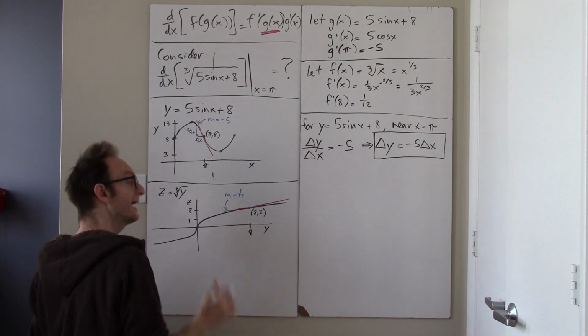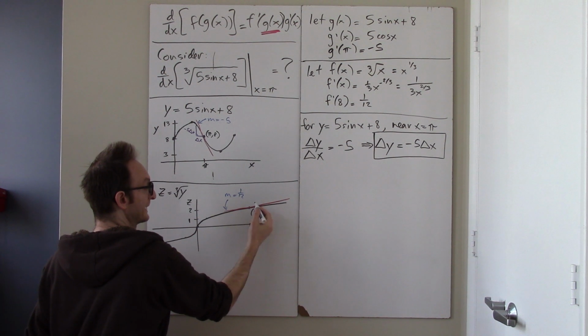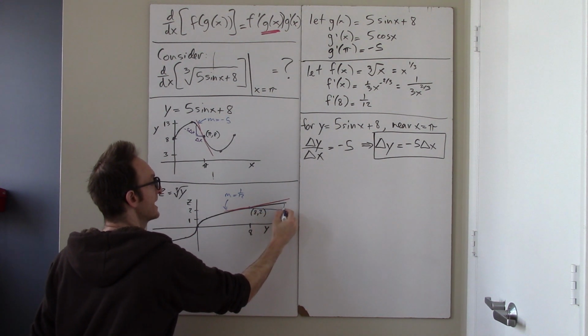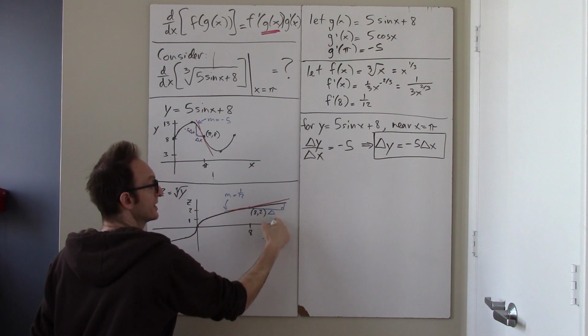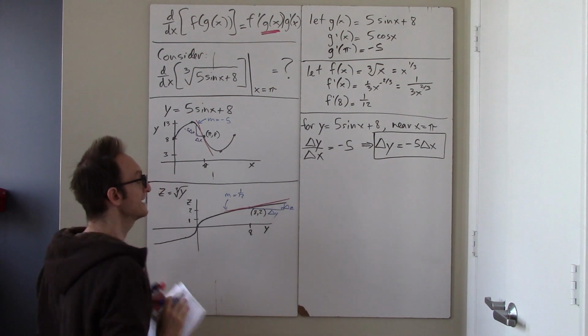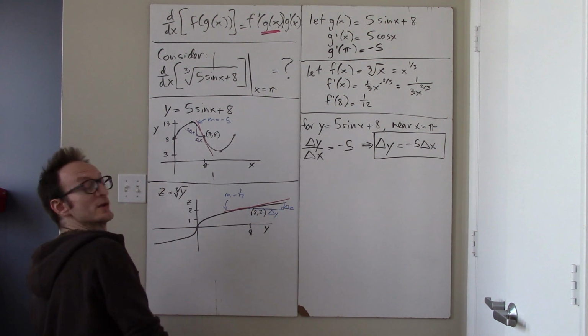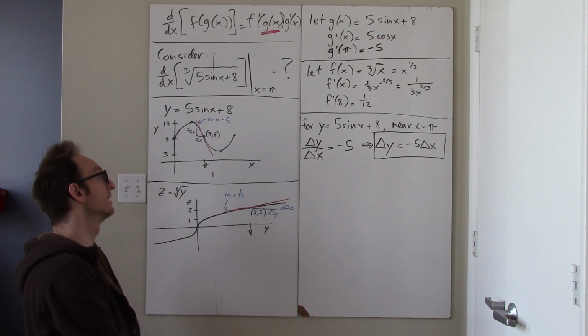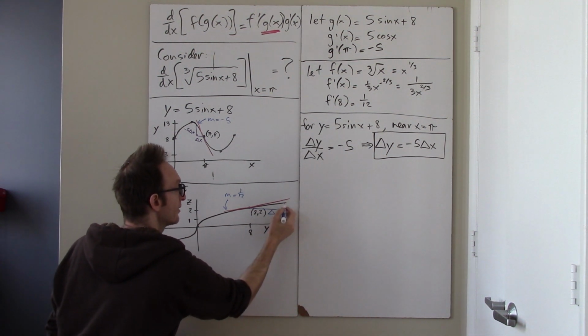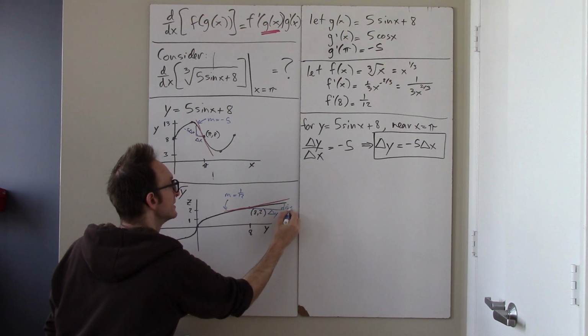Geometrically, it tells me that for every change in y, my change in z is going to be about 1/12 of that change in y. This looks about right, so I'll erase that delta z, and I'll write 1/12 delta y.